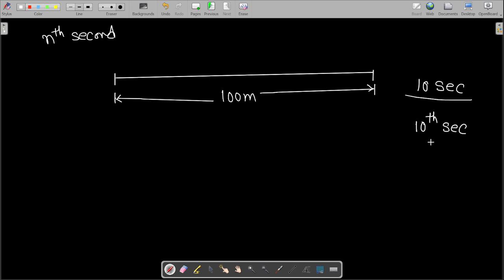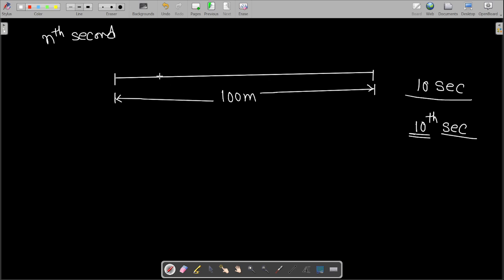Second means time, you know. Now what will be the displacement in the 10th second? So how will we find this? We would divide the 10 second into 10 different parts.